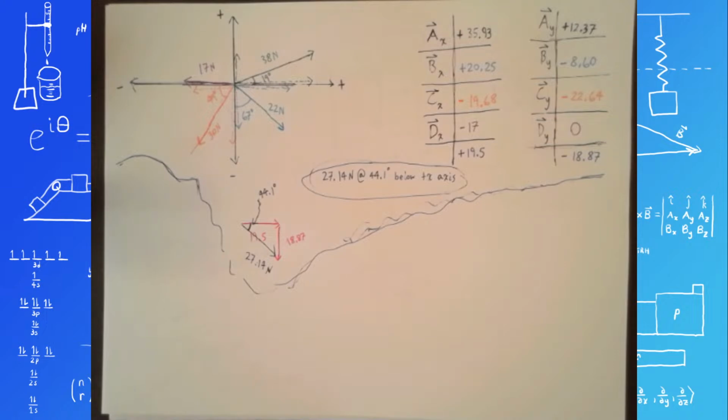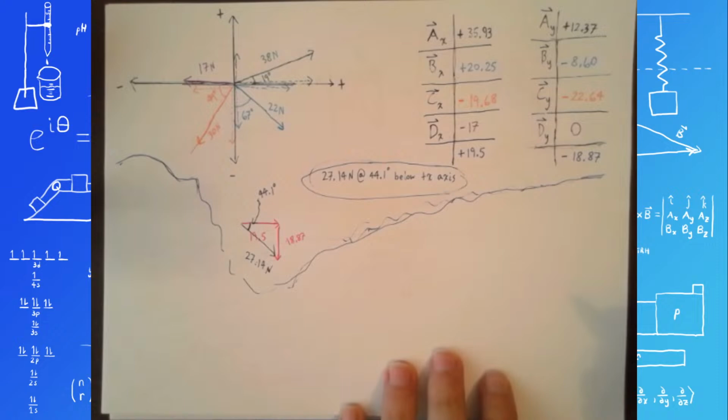Anyway, we wanted vectors B and D, so vector B, I'm going to draw a copy of it. It's 46 meters per second, so it looks like we're working with velocity vectors here, at 78 degrees to the right of the negative y direction.